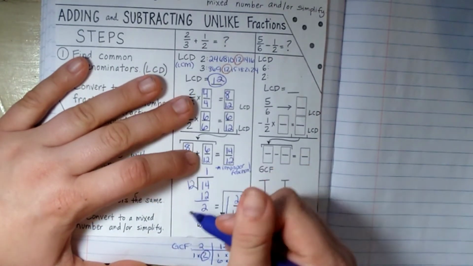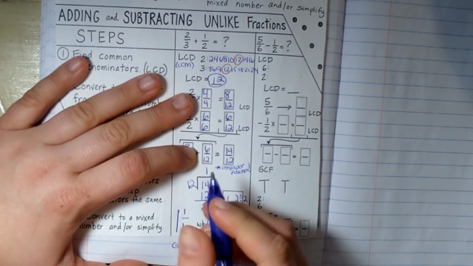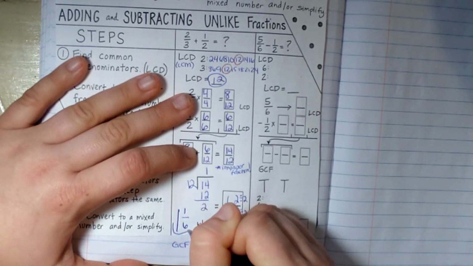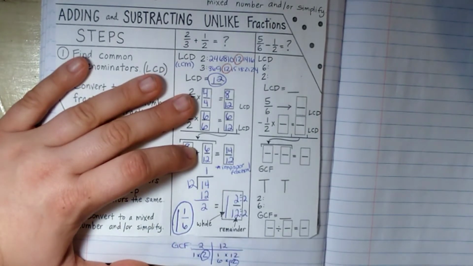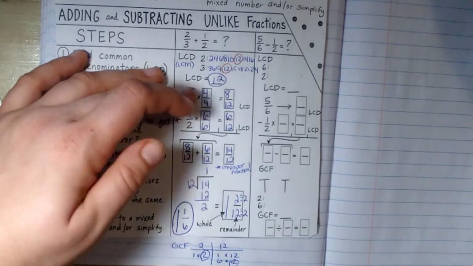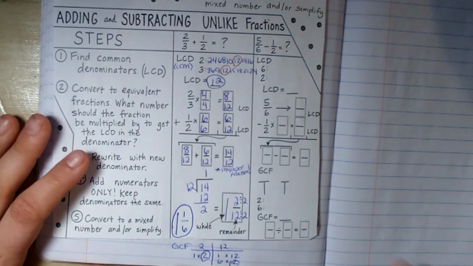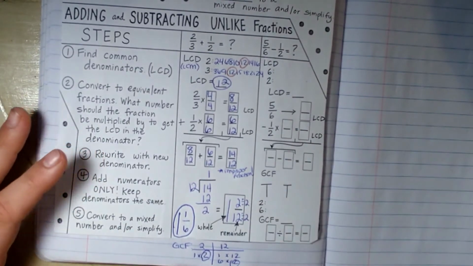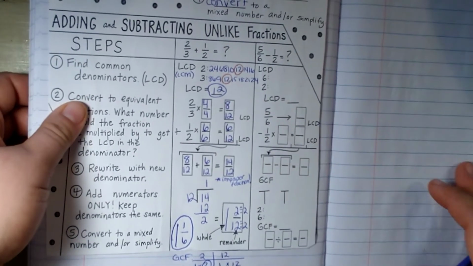So my new one is 1 and 1/6. There we go. So I'm going to make sure this is glued on, and I'm going to move to the next page to do some more addition.